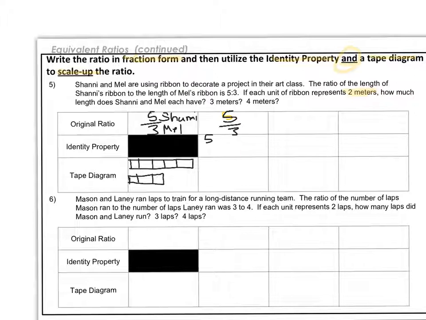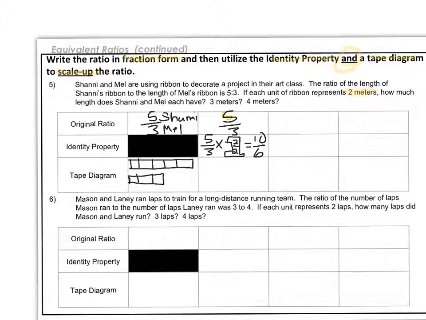If I'm scaling it up, I need to multiply. It's 2 meters, so I'm going to multiply the numerator and denominator by 2, and I'm going to be left with 10 over 6. So I scaled it up.